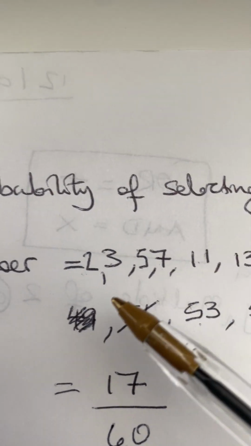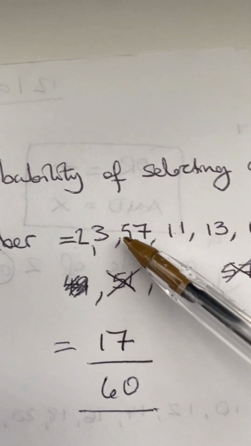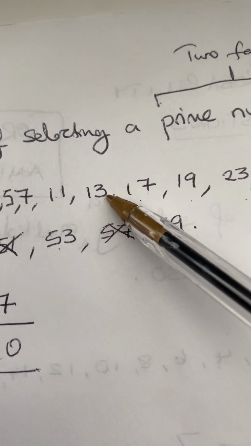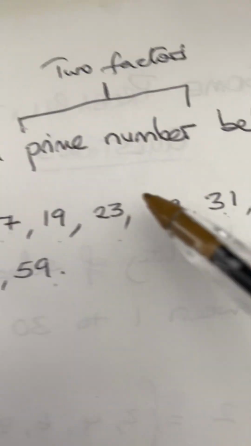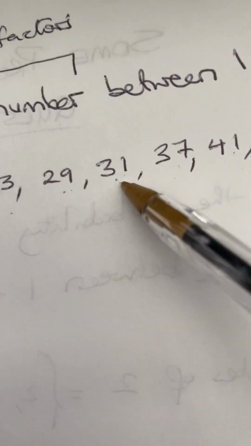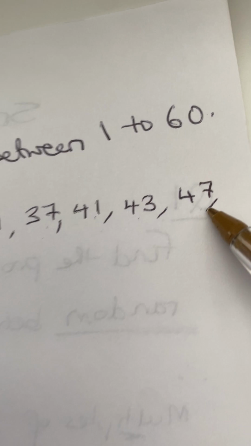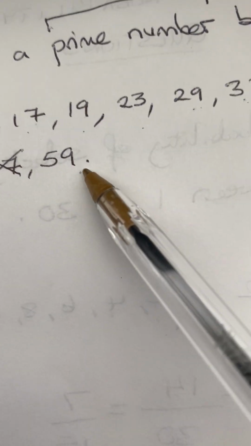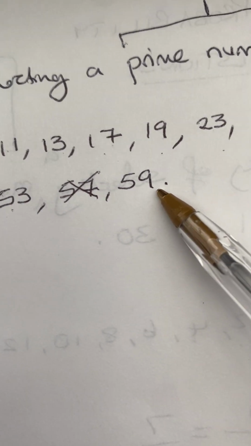So the prime numbers here are 2, 3, 5, 7, 11, 13, 17, 19, 23, 29, 31, 37, 41, 43, 47, 53 and 59. So these are the prime numbers we have.